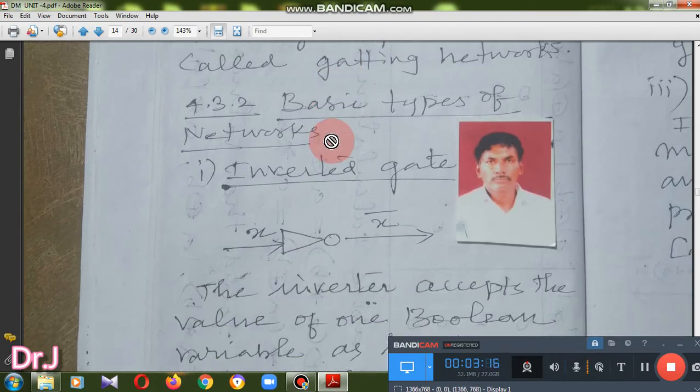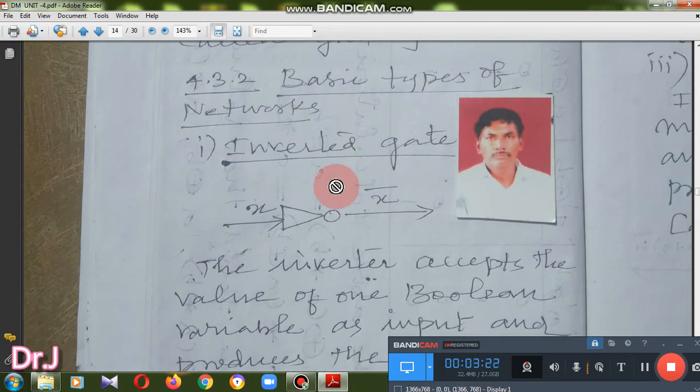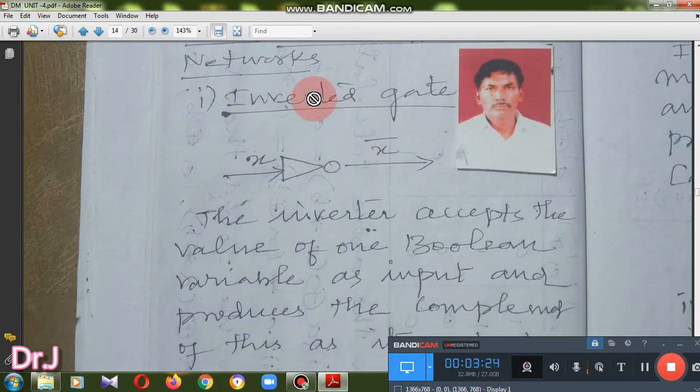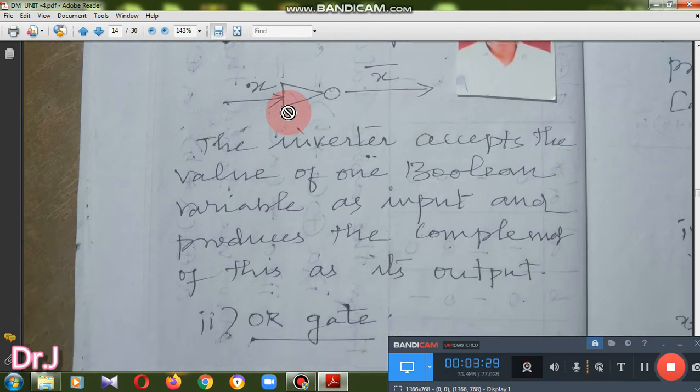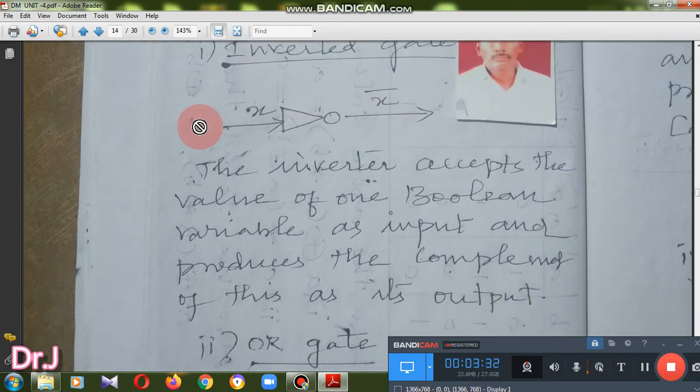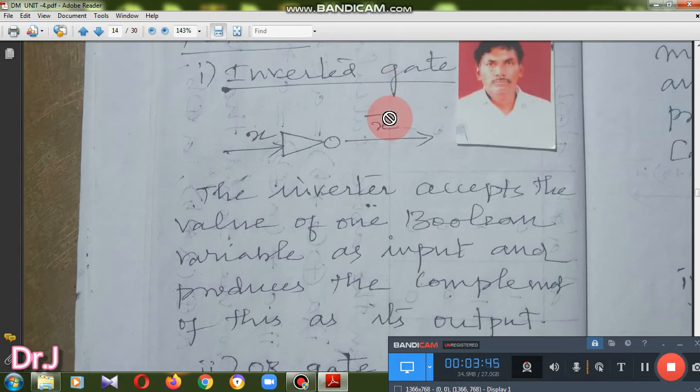Now look at the basic types of networks. The first one is the inverter gate. What is that? Look at that: the Boolean variable is coming inside, and when it goes out, its complement comes. It is coming inside and is converted into its complement. This is called an inverter gate because it converts x into x dash, or x into x complement.